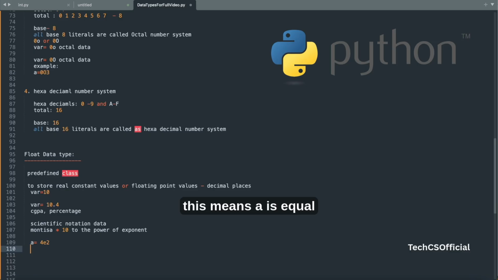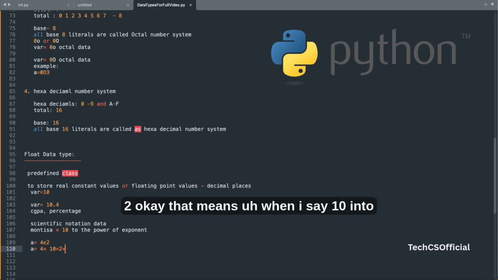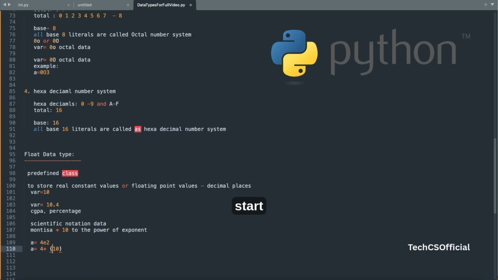This means age equal to 4 times 10 to the power of 2, that is 4 into 100, which is 400. Okay, this is how you need to calculate.